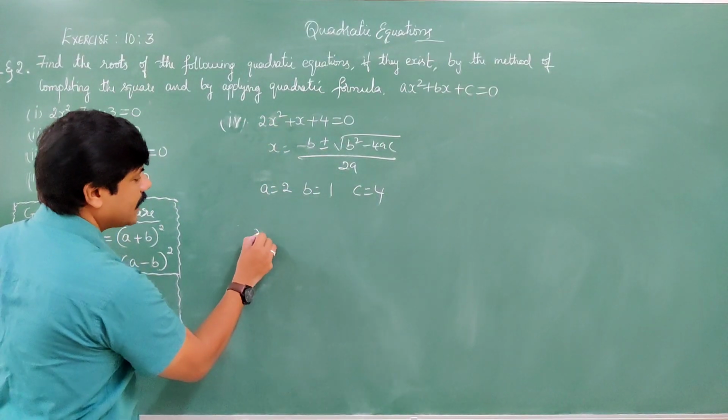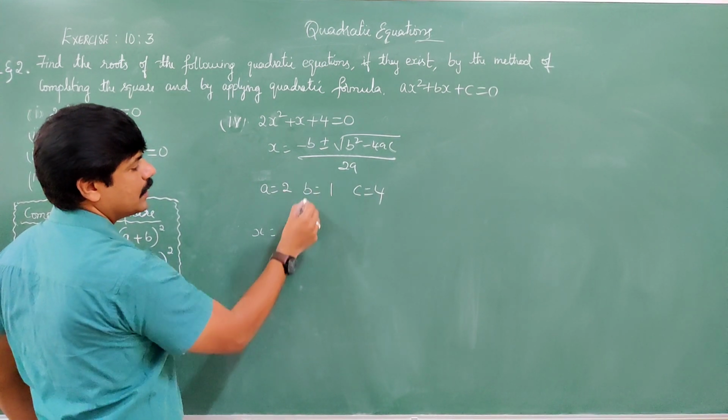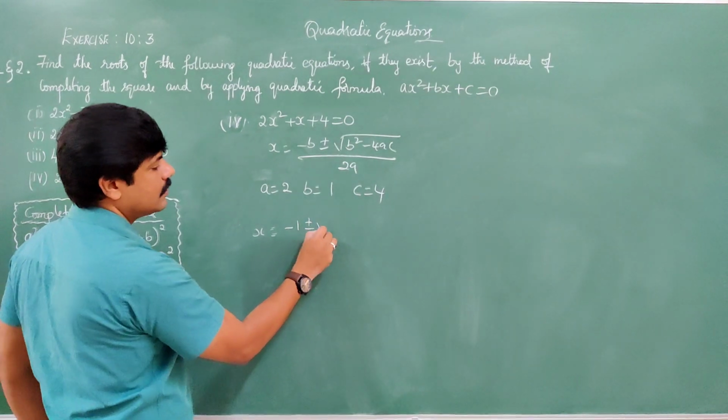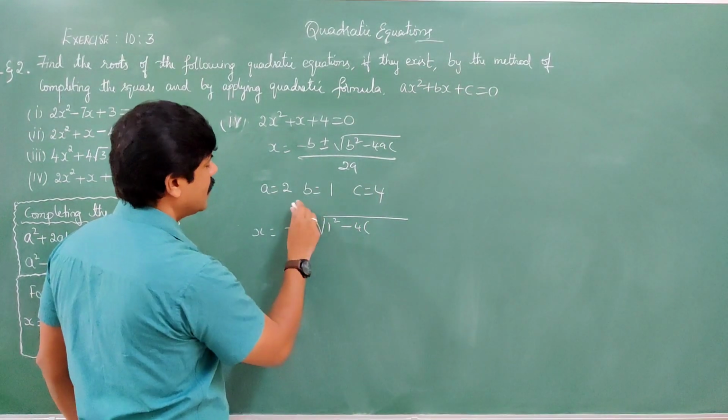And substitute here: x is equals to minus, what is b here? B is 1, plus or minus square root of b square, which is nothing but 1 square, minus 4 into, what is a?